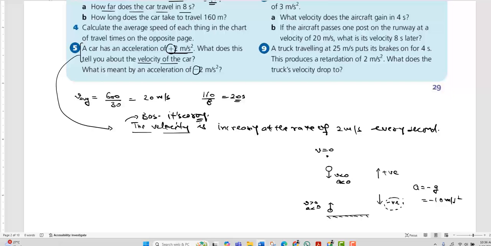Just by looking at the sign of the acceleration, we can never tell whether the speed or the velocity of the body is increasing or decreasing. So we have to look for the sign of velocity as well.